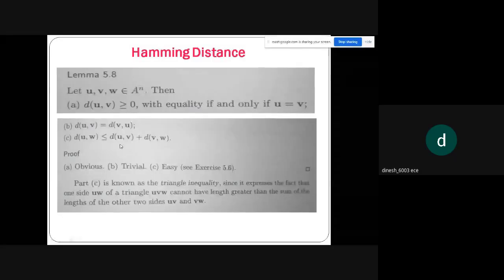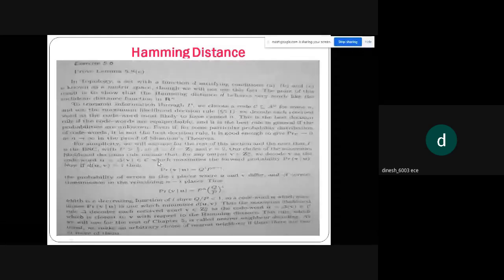Okay, and third is the triangular inequality: d of u, w will always be less than or equal to d of u, v plus d of v, w. With a small proof, don't worry. So this is the proof of the lemma.